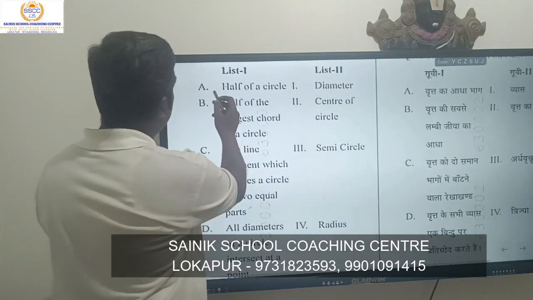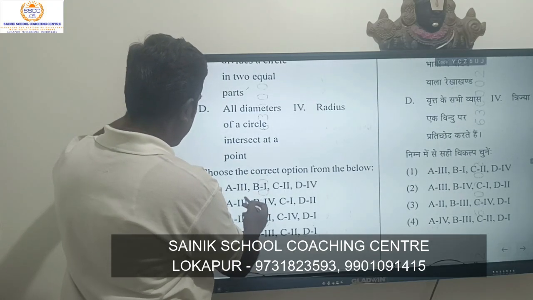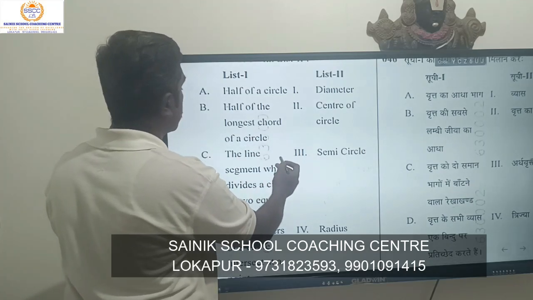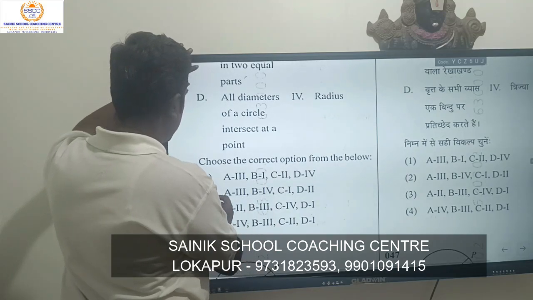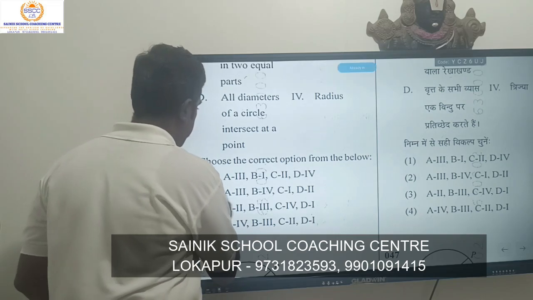So for half of a circle, semicircle, A is to 3. Half of the longest chord of a circle, half of diameter means radius, B is to 4. So option 2 is the right answer.